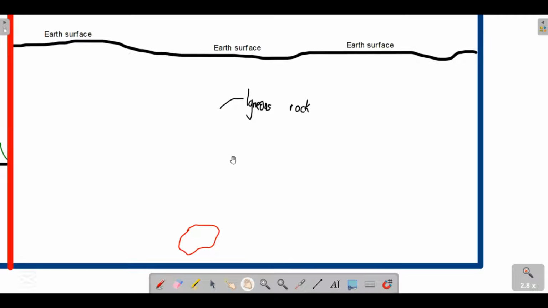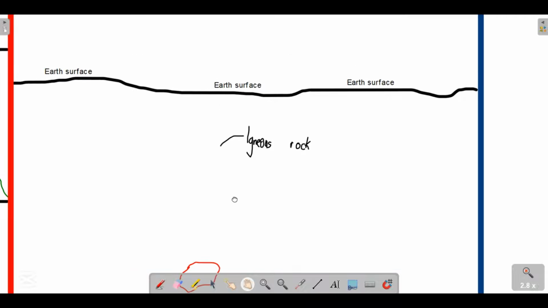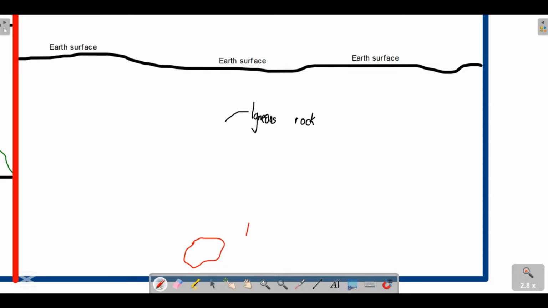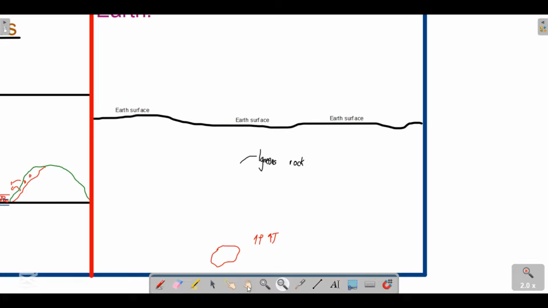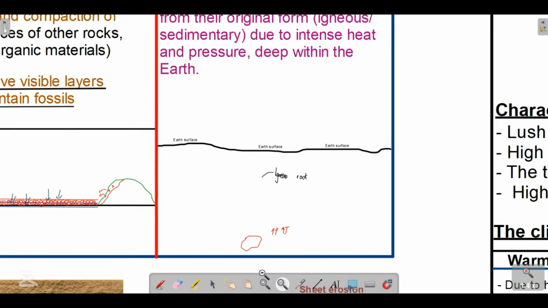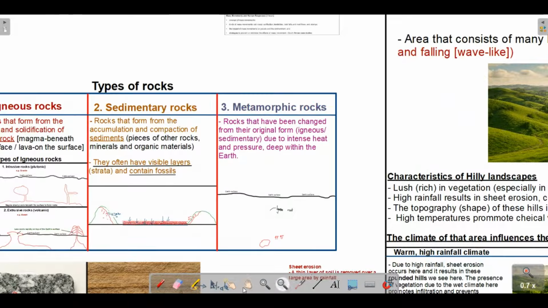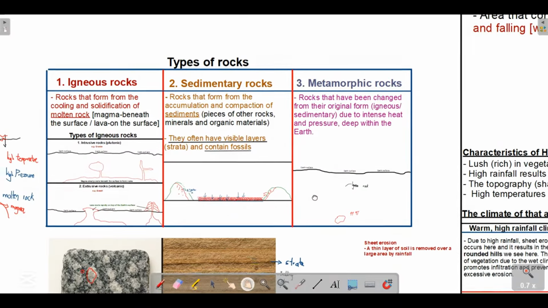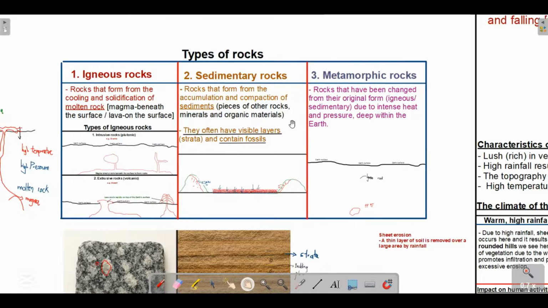They will be altered because of this exposure to high pressures and high temperatures. So it now is no longer the same. It's no longer that igneous rock that had that particular appearance. It is different because of this exposure to high temperatures and pressures. So those are the three different types of rocks.